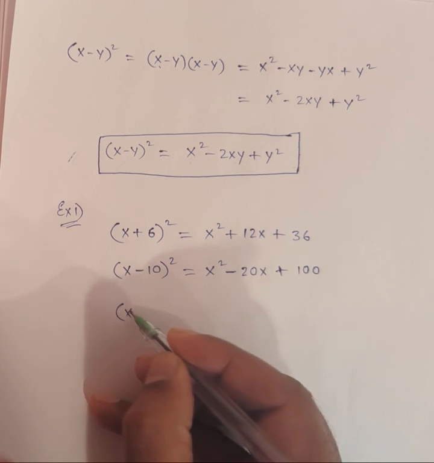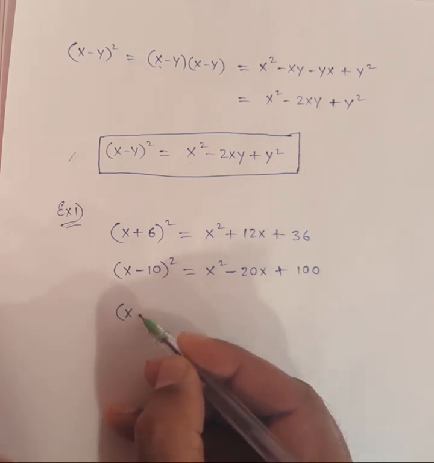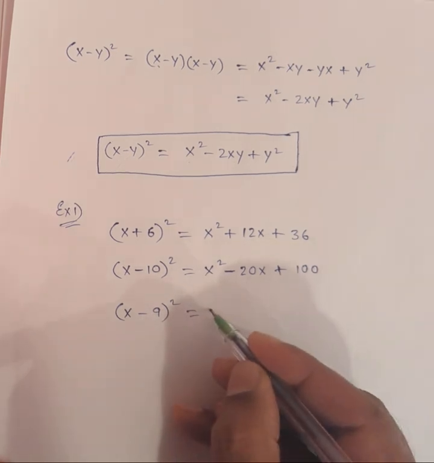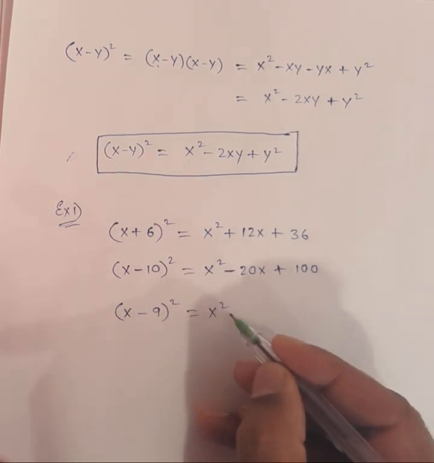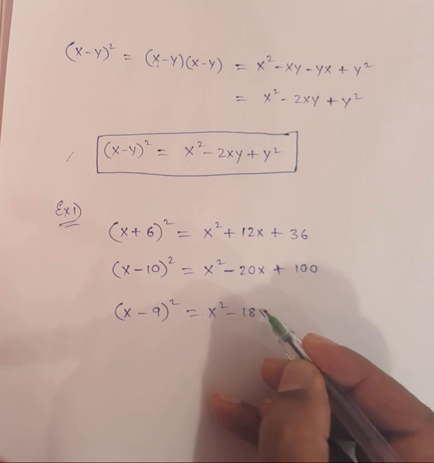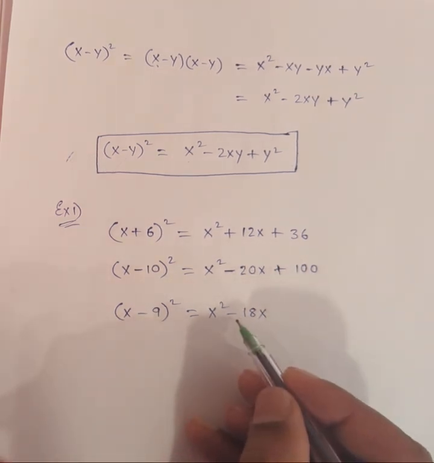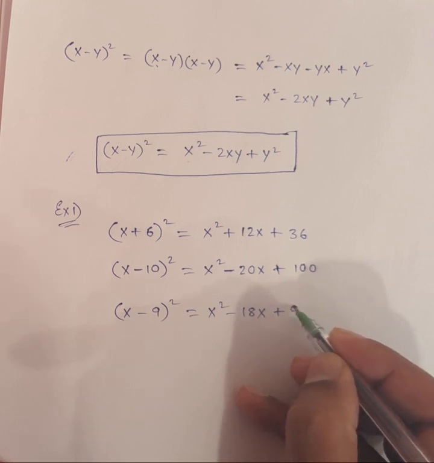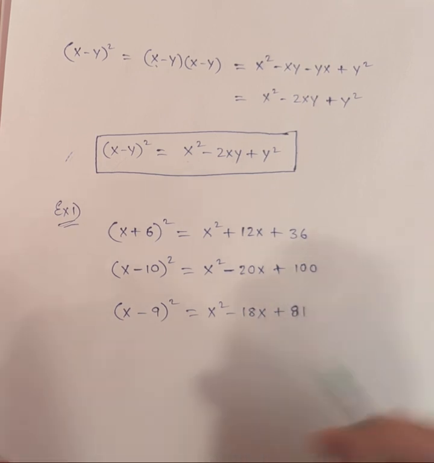So maybe we can try one more, x minus 9 quantity square this time. It's x square. If I double 9, I get 18x. So if I have a minus, the second term will be minus. But it would always be 9 square is 81.